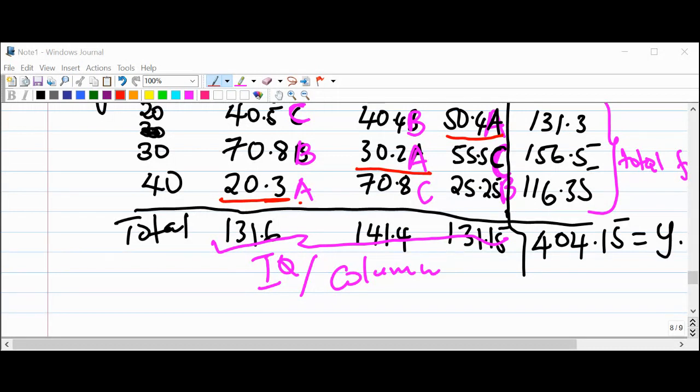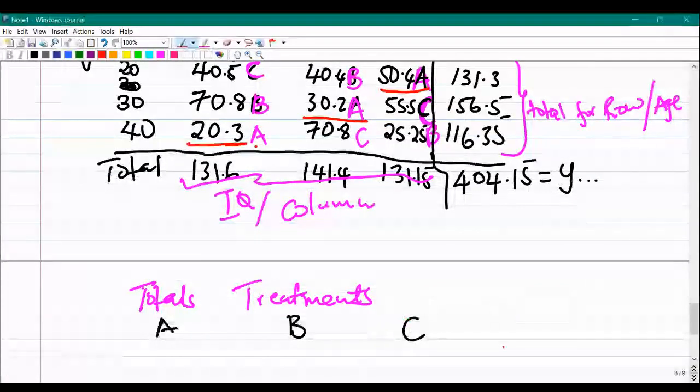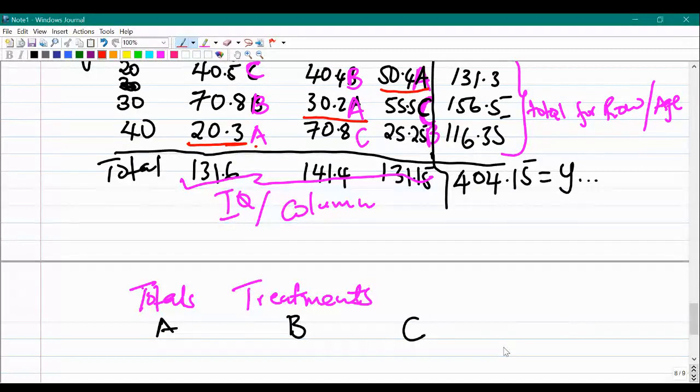You add those numbers and give me the total for A, B, and C. That's how you find the sum for the totals, the sum for the treatments. So please do that. Anyone who's having the answer? What is the total for A?